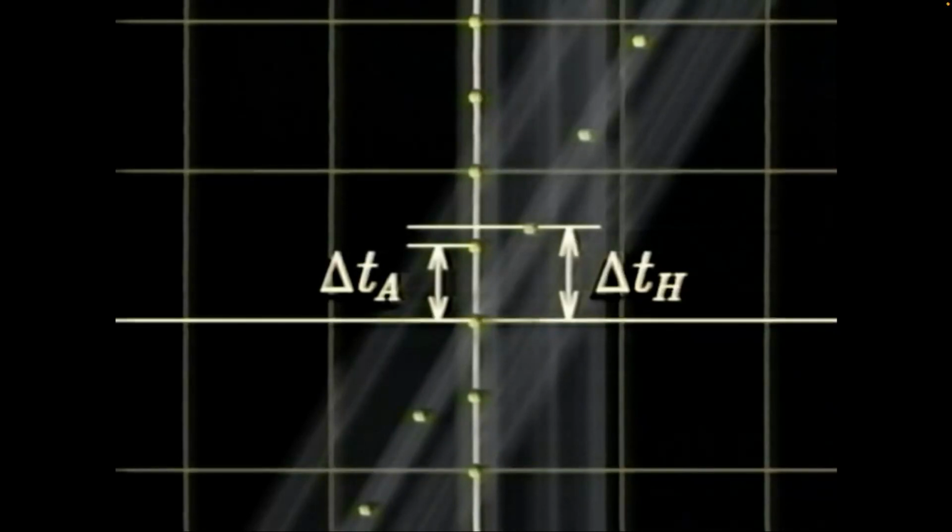On Albert's time axis, Henry's ticks are farther apart than his own. But on Henry's time axis, Albert's ticks are farther apart, no matter how he looks at it.